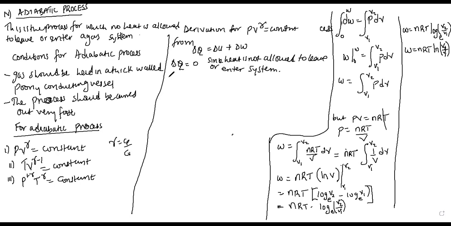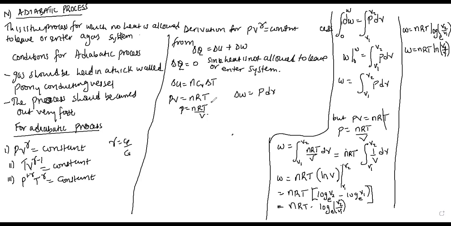So with this, you realize that the internal energy is got from n Cv delta T, while from PV is equal to nRT, P itself will be nRT over V. Now, the work done externally is equal to P dV.